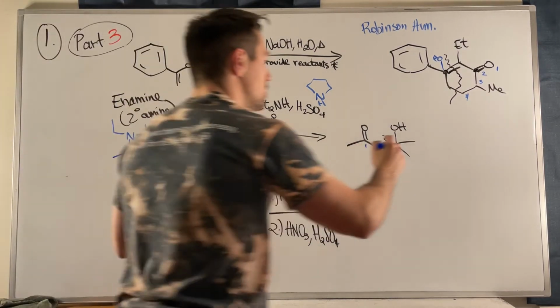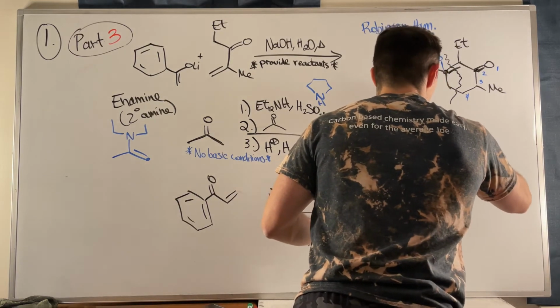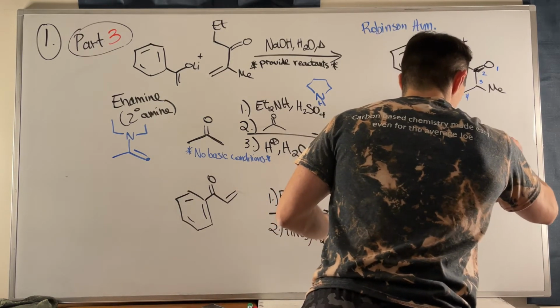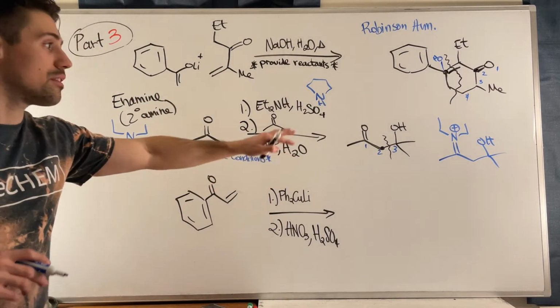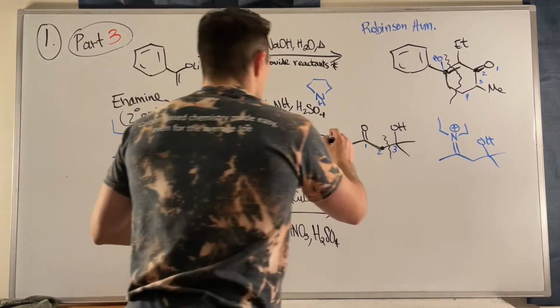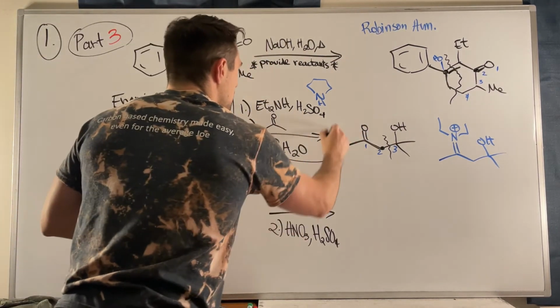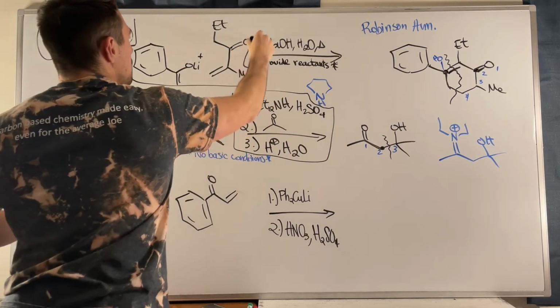After the attack at first, we will have this, and it's only step 3, the H+ and H2O, that unravels this enamine and recovers the carbonyl. So this is the answer. Let me box some of this stuff, because this has been a crazy video so far.